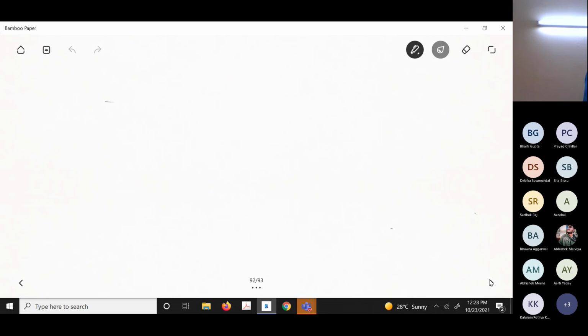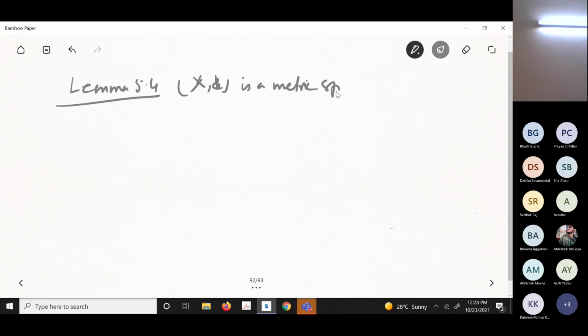This is your hypothesis. Then A is totally bounded. Every compact set is totally bounded.